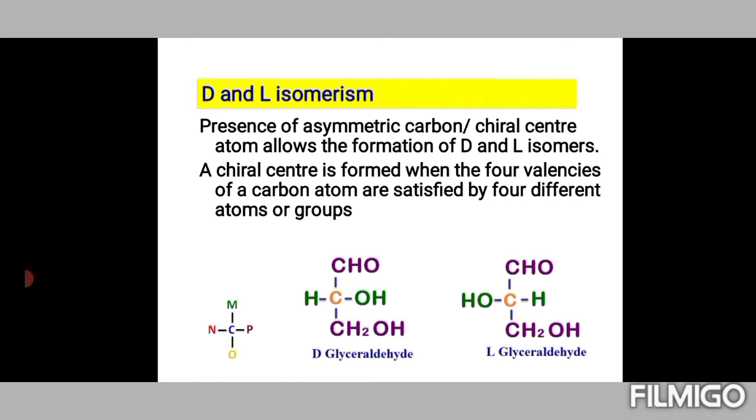If the OH group is attached to the left hand side of the chiral carbon atom, then it is called L-glyceraldehyde, or levoglyceraldehyde, the levo isomer. So this is the basis of D and L isomerism.